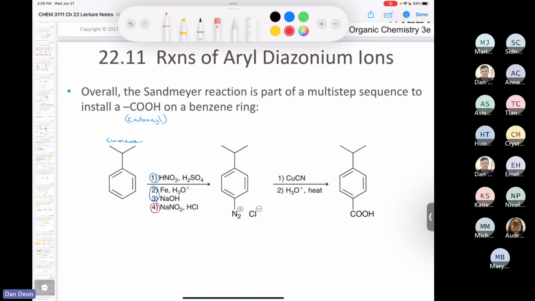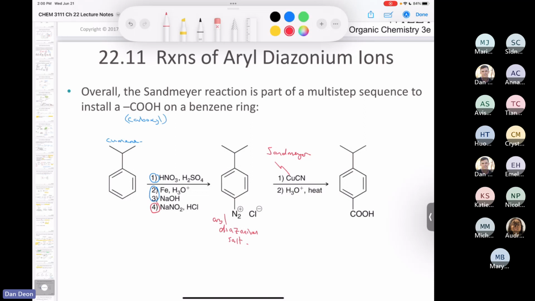We treat it with nitrous acid, which is formed by sodium nitrite mixed with hydrochloric acid, and that makes our diazonium salt. And of course, this is an aryl diazonium salt. And then we can do a Sandmeyer reaction. We treat it with copper(I) cyanide.